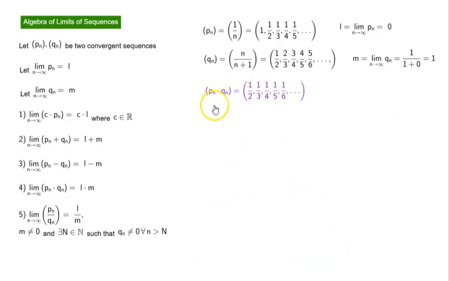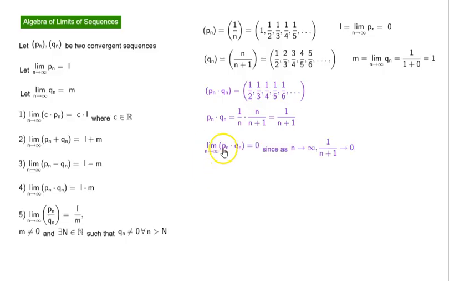Now let's look at p sub n times q sub n. The terms are 1 times 1 by 2. 1 by 2 times 2 by 3 is 1 by 3. 1 by 3 times 3 by 4 is 1 by 4, and so on. Now using the nth term, let's do the multiplication. P sub n times q sub n is equal to 1 by n times n by n plus 1, which gives us 1 by n plus 1.